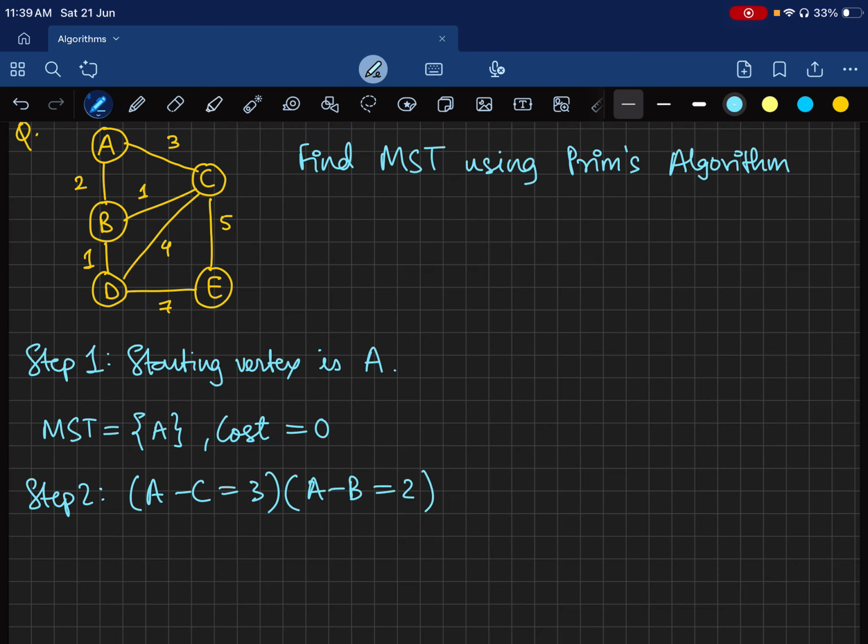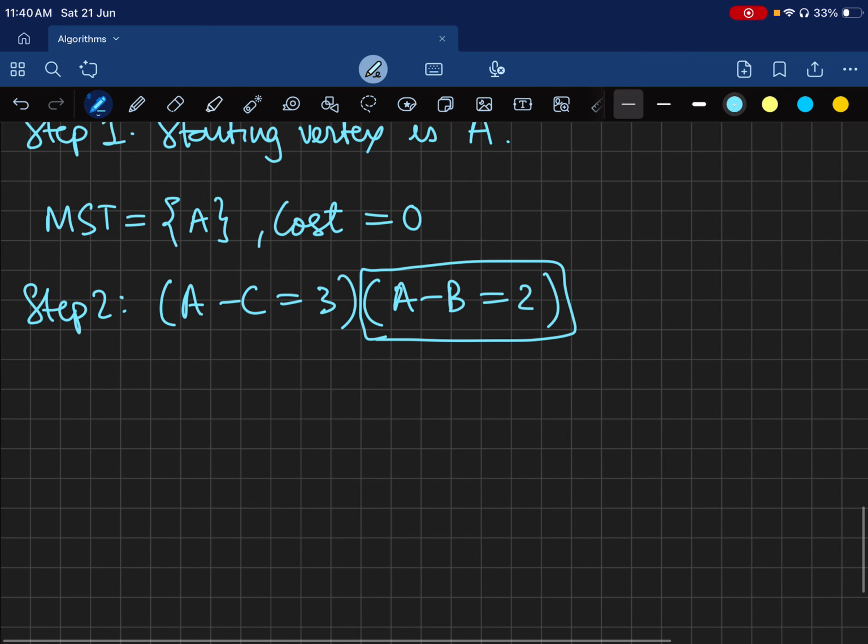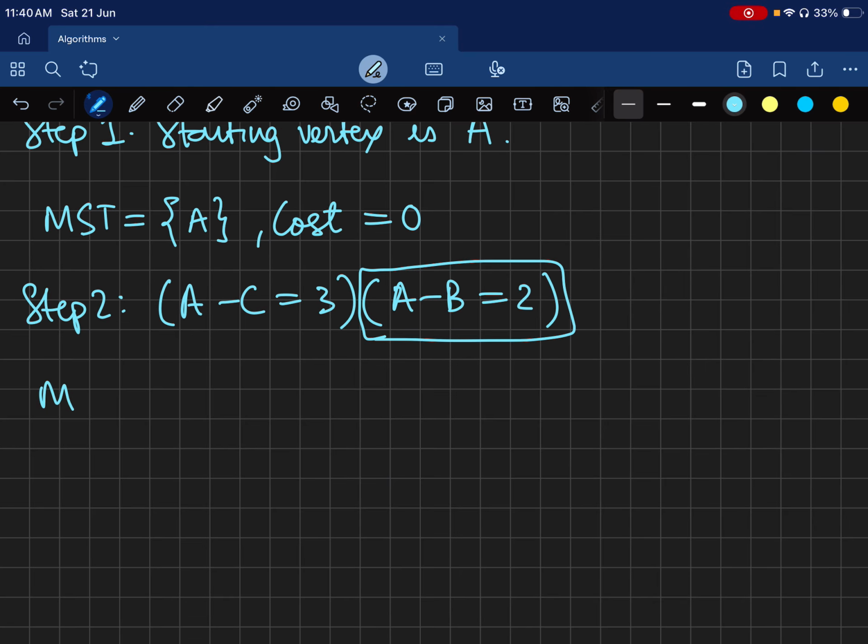From this, we'll pick the minimum weight. 2 is the minimum weight, so we will pick AB and add it into the MST set. So MST is equal to A, B, and the total cost is 2.